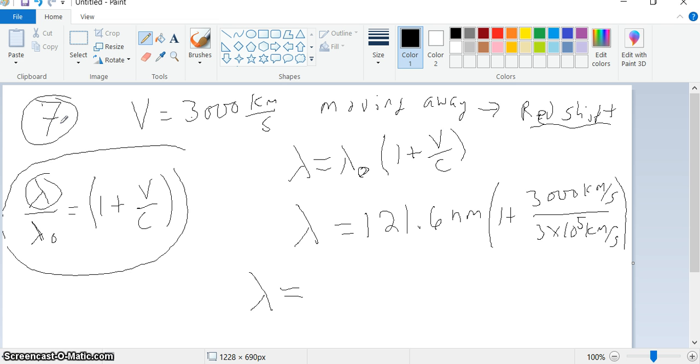Of course, it's got to be above Earth's atmosphere because the Lyman alpha line is this 121.6 nanometers. That's what lambda 0 is in the Doppler equation, which this is the Doppler equation, of course. Remember, we're solving for lambda, the moving wavelength.